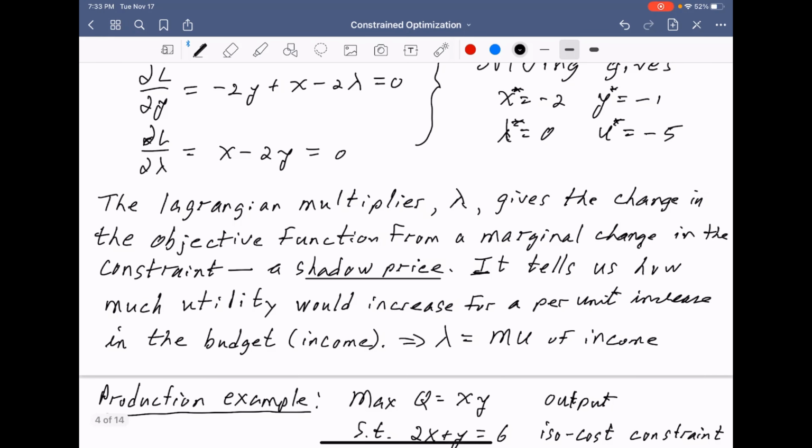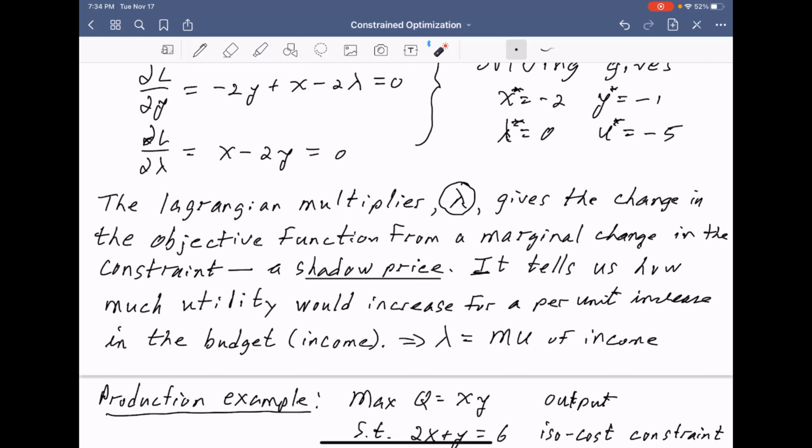So the Lagrangian multiplier, or Lagrange multiplier, lambda, is simply giving us the change in the objective function from a marginal change in the constraint. Let me repeat that. The Lagrangian multiplier gives the change in the objective function from a marginal change in the constraint.